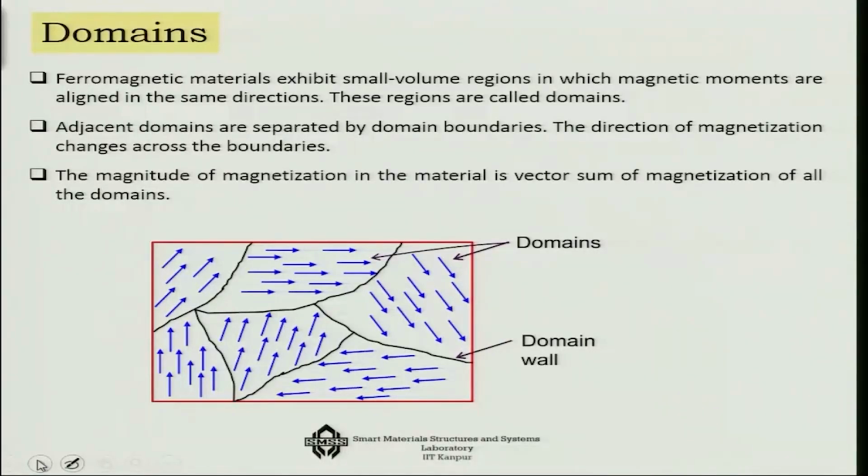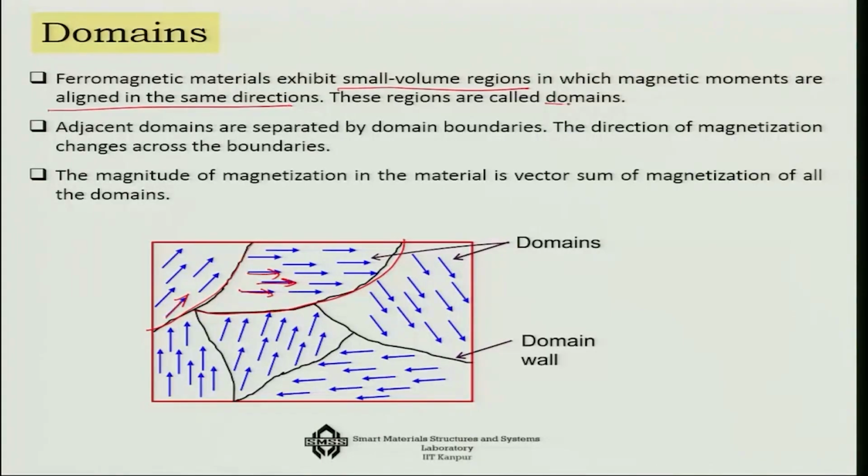Now, below the Curie temperature you have already seen the existence of domains, which means there are regions where the magnetic dipoles are all parallel. Then there is another region where they are parallel inside that set. So, ferromagnetic materials exhibit such small volume regions in which magnetic moments are aligned in the same direction.